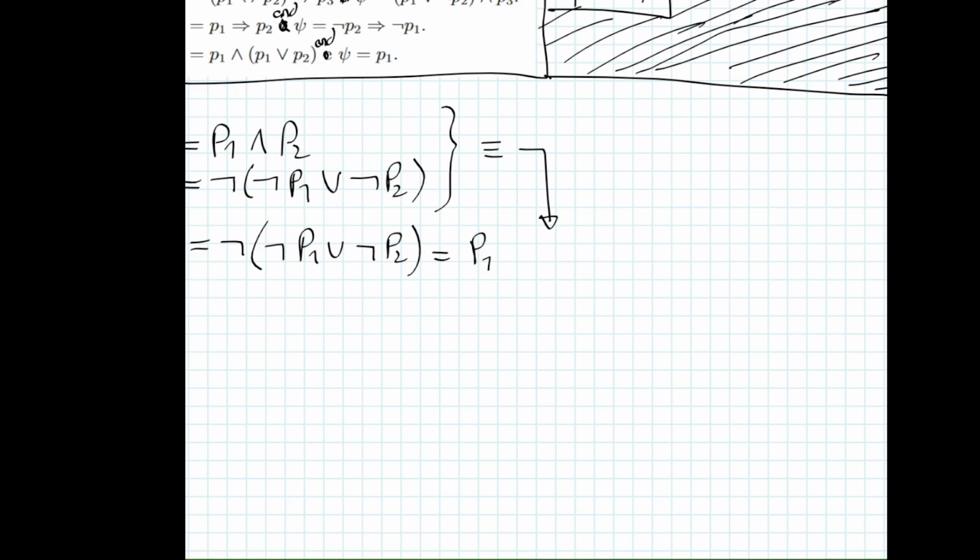When you negate the disjunction, you obtain the conjunction. Finally, we negate this term, and since it was already negated, the negation is nullified and we get P2. And this is exactly the same as phi. That's done.